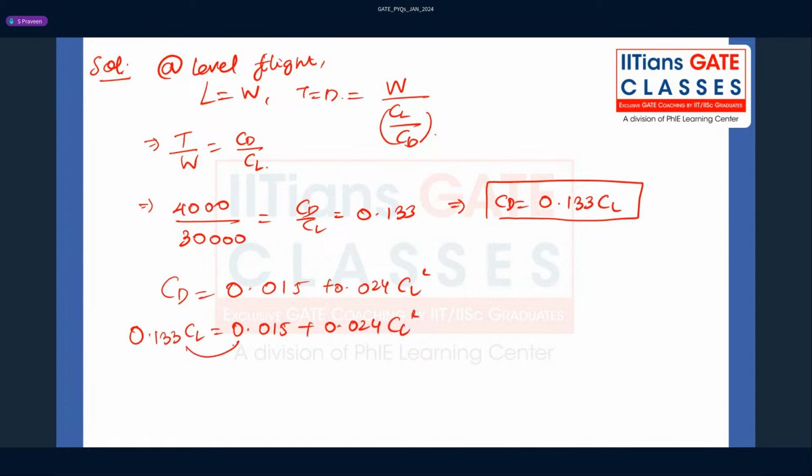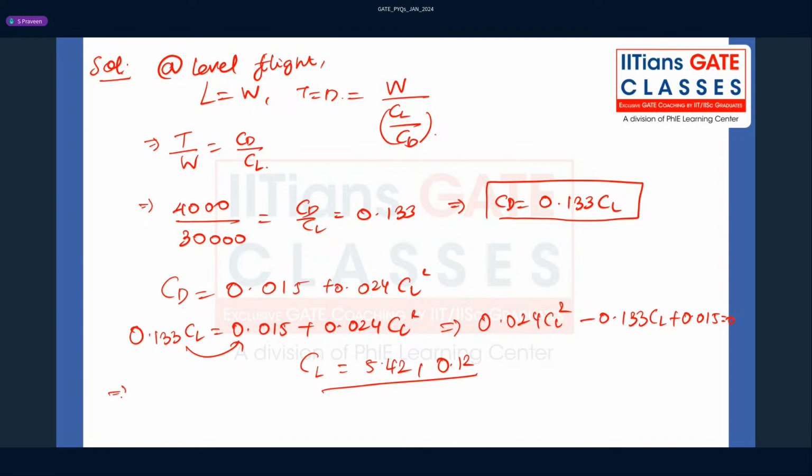Let's bring this to this side so that we have a quadratic equation: 0.024 CL square minus 0.133 CL plus 0.015 equals 0. If I solve the quadratic equation, I'll have two values, CL equal to 5.42 and 0.1. These are the two values upon solving this quadratic equation.